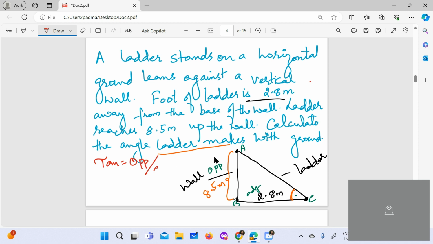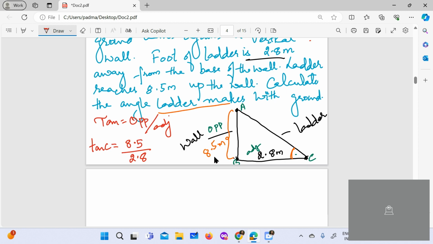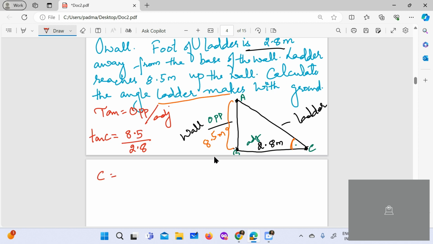So we will take the tan ratio and plug in the values. Opposite is 8.5. Let me write tan C, since we are finding this angle C. So tan C is 8.5 over 2.8, and C is equal to tan inverse of 8.5 over 2.8.